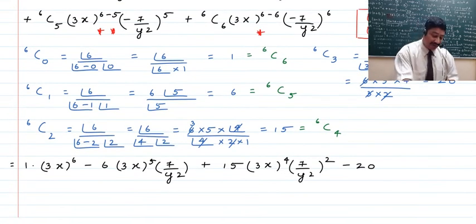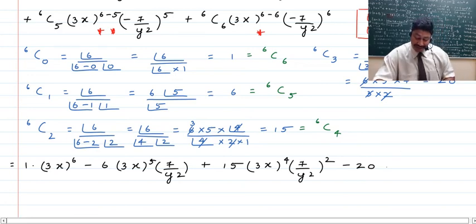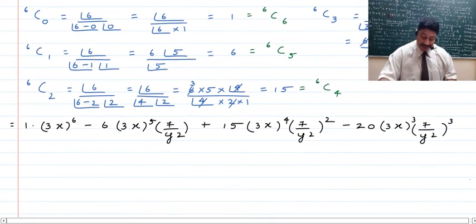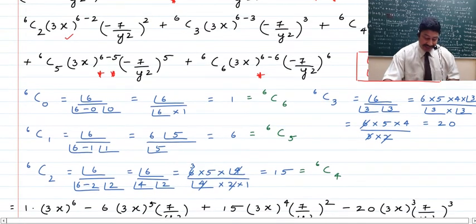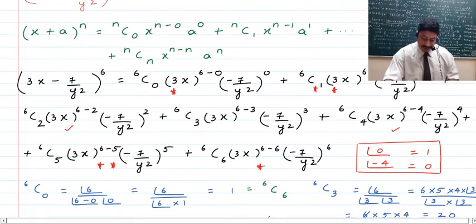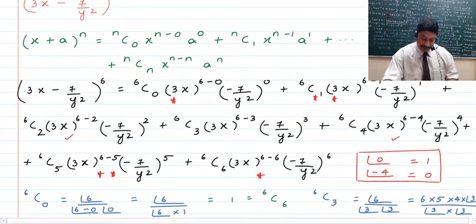So we have minus 20, which is going to be multiplied with 3x raised to the power 3. Then we have 7 upon y square, which is going to be raised to the power 3. To that is going to be added the next term. Remember, this is going to be equal to the binomial coefficient just before, that is, the value of 6c4 is equal to the value of what?